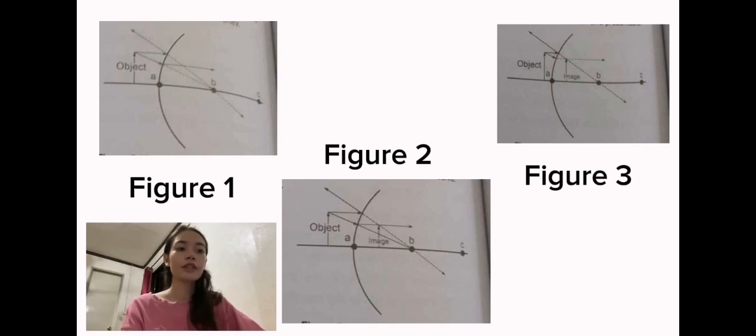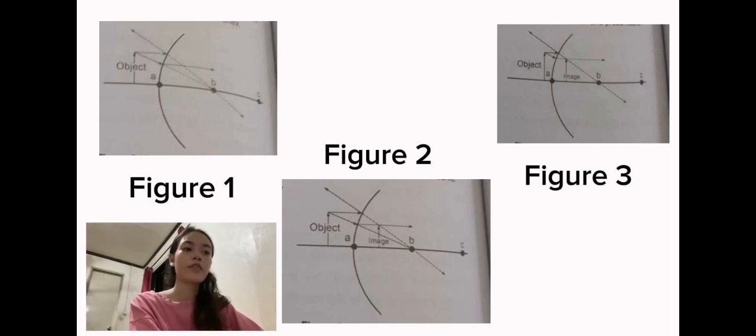The rules for concave mirrors are followed, where the incident ray moving parallel to the principal axis reflects through point B, the focal point. Then the incident ray that passes through point B will be reflected back traveling parallel to the principal axis.